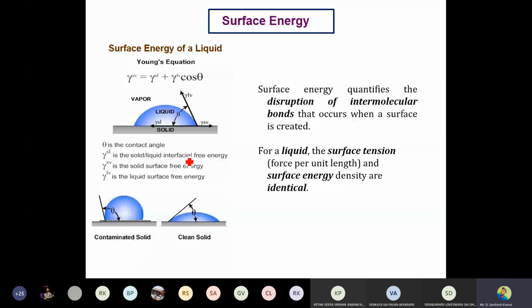I already told you how surfaces arise, but due to surfaces being created, there is a disruption of intermolecular bonds. So obviously it will create energy, and that energy will be called surface energy. So for a liquid, surface tension and surface energy densities are identical.